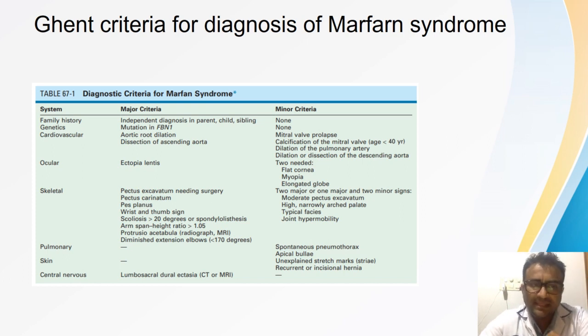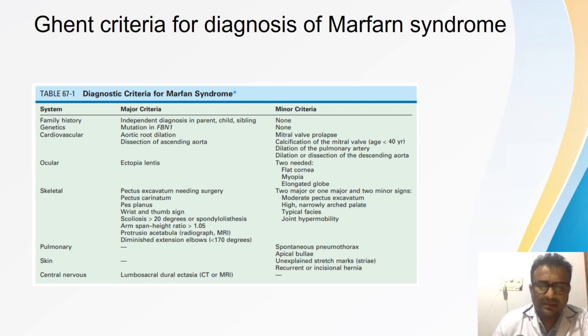These are the Ghent criteria for the diagnosis of Marfan syndrome. As I said, Marfan syndrome is a systemic syndrome which includes the cardiovascular, ocular, skeletal, and other systems as well. Initially, the Ghent criteria were meant to diagnose Marfan syndrome, and included major criteria as well as minor criteria.